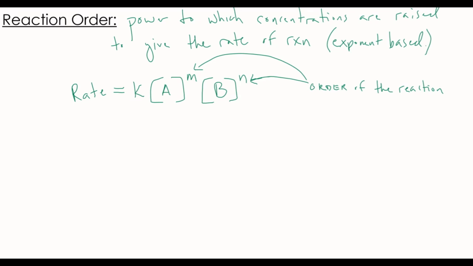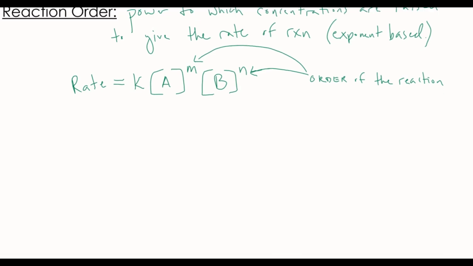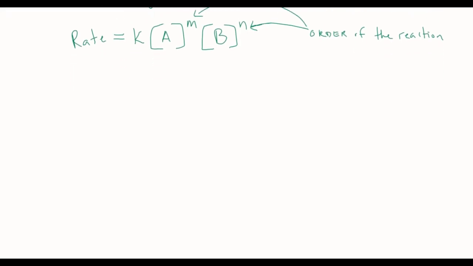So when doing these reaction orders, it's important to remember that they are exponential. If something is zero order, what does that mean? That means A is to the 0 power.